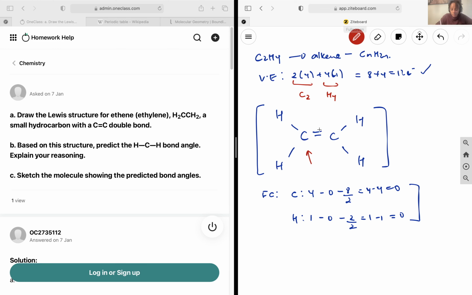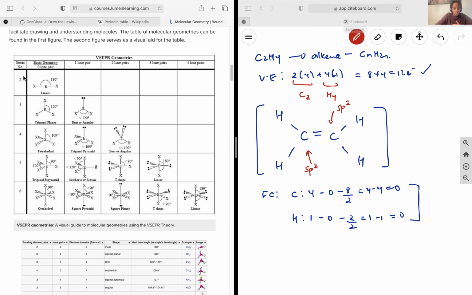If it's a double bond, we're going to count it as 1 according to the rules. And so this is going to be sp2 hybridized. And so is this one, sp2 hybridized. So it has 3 things attached to it. And so what that means when we go back to our VSEPR chart is trigonal planar, so it's going to be an angle of 120 between each.